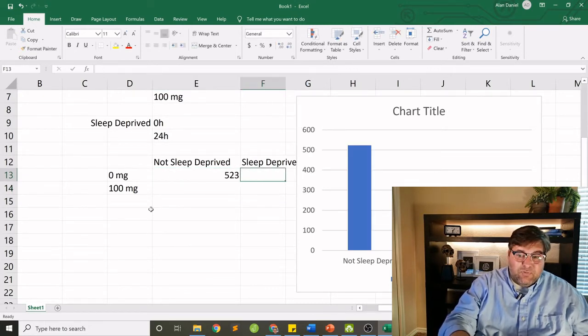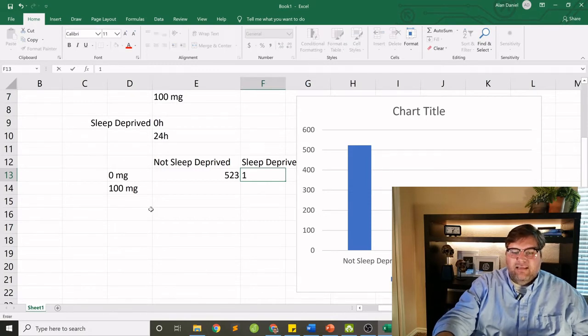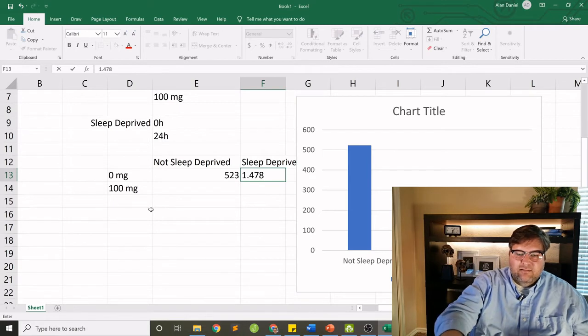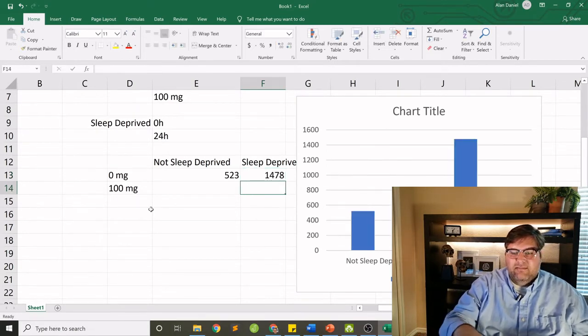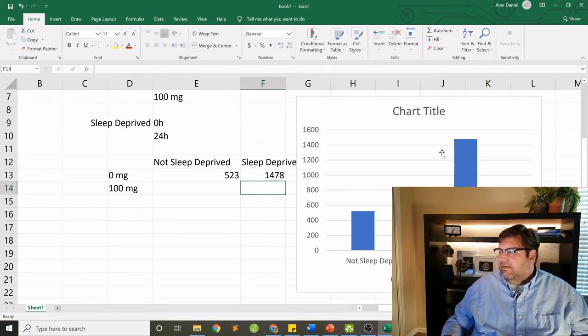Now, if they're sleep deprived, that latency is going to go way up because it's taking them longer. So let's say it delays them by a full second, 1,478 milliseconds.